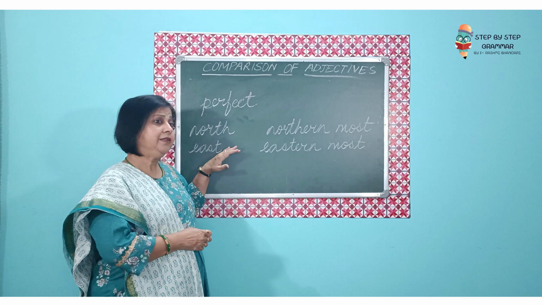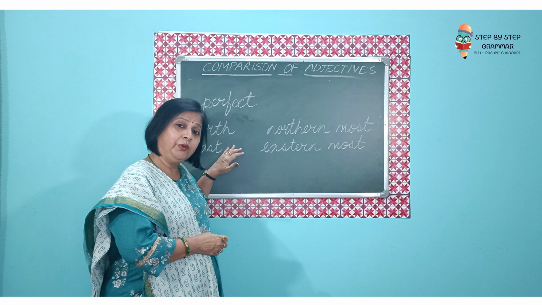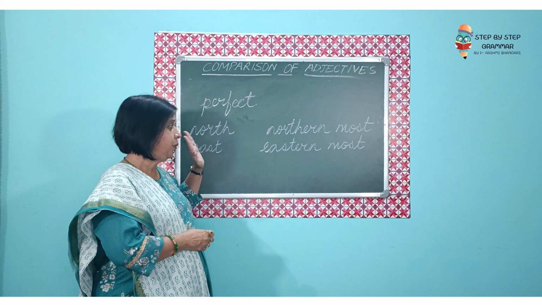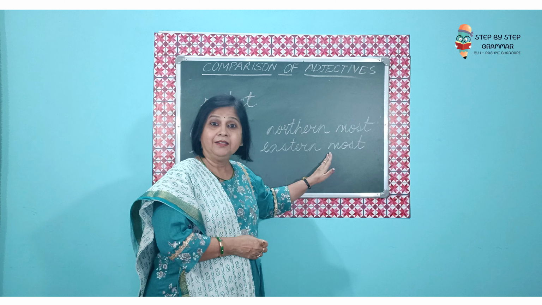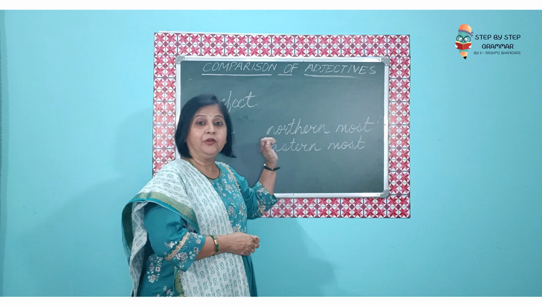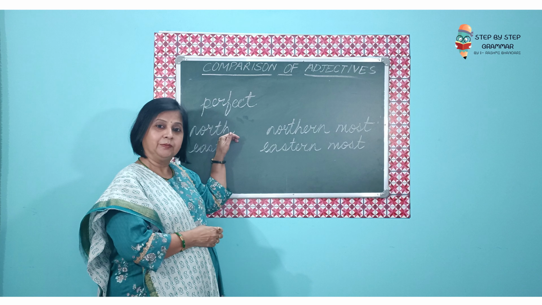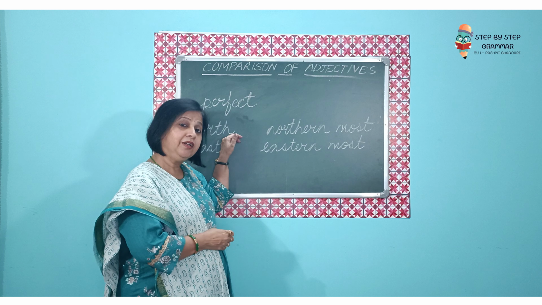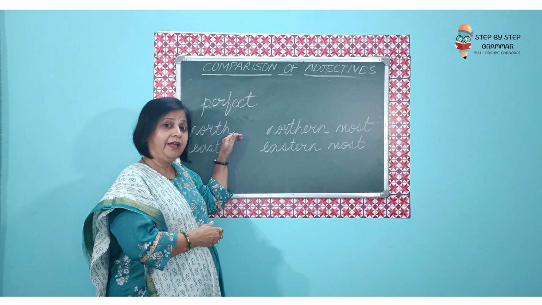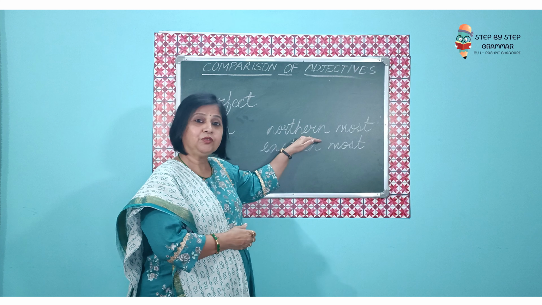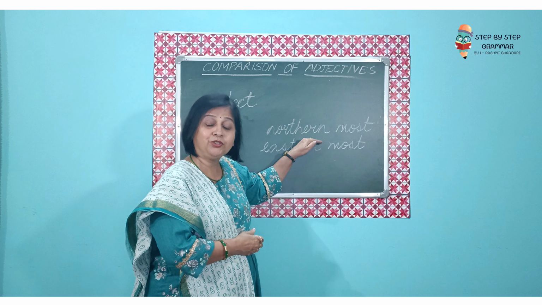Now, then there are certain words which have got only the positive degree and the superlative degree. There is no comparative form. For example, if we talk about north, Uttar Pradesh lies in the north region of India, of course. And we can say Jammu and Kashmir lies in the northernmost region.